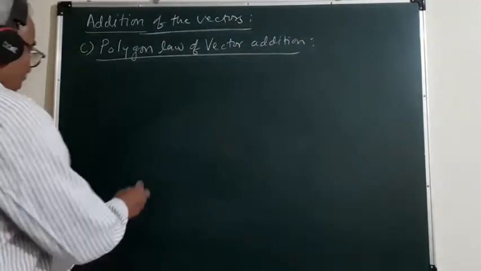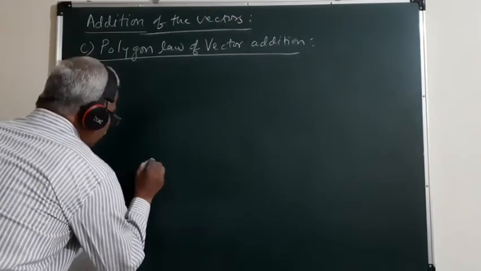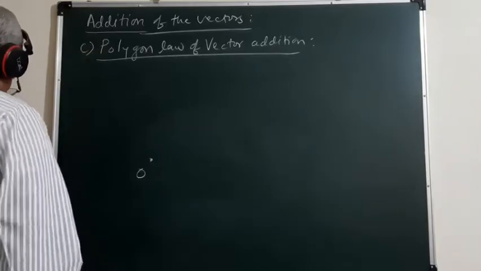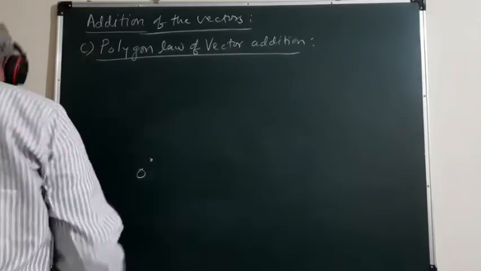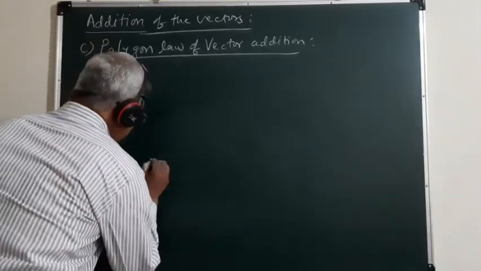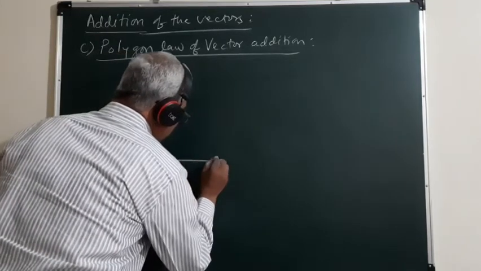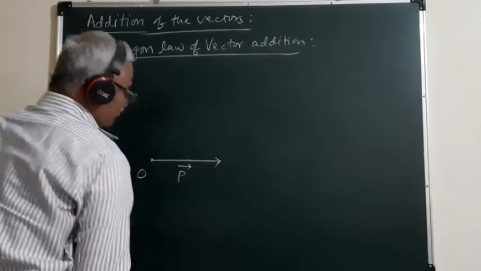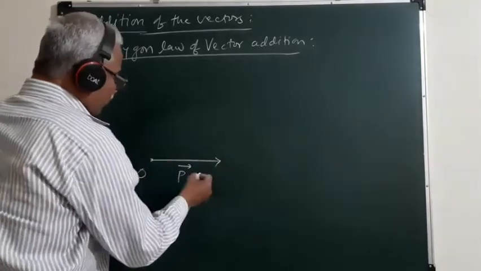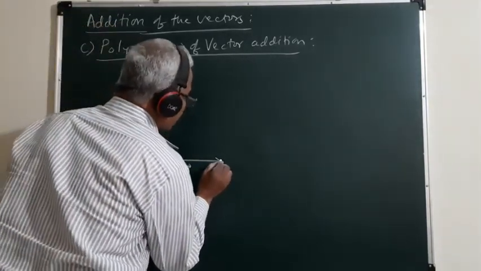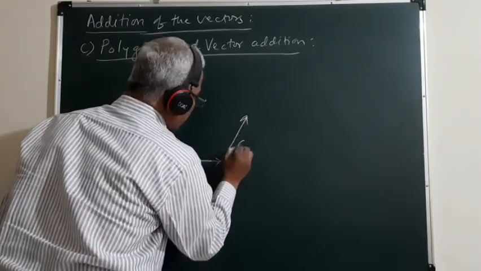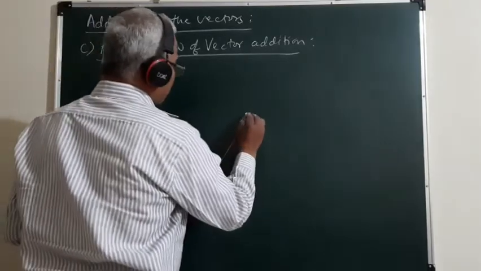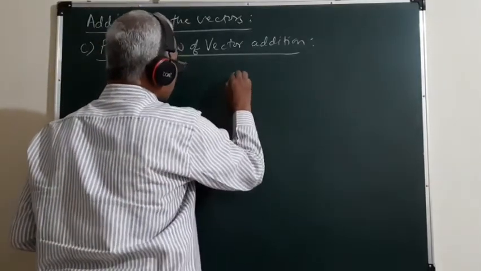So let us start from the point O. From this point O, let us draw the first vector P bar. From the end point of vector P bar, let us draw the second vector Q bar. From the end point of vector Q bar, let us draw the third vector R bar.